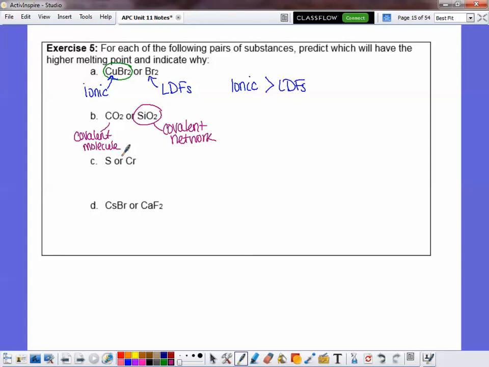All right, sulfur or chromium? Which one do we think would take more energy to melt? Why chromium? Somebody said it over here. It's a metal. Chromium is a metal, sulfur is a non-metal.